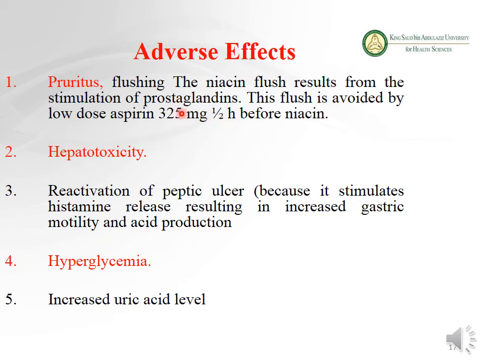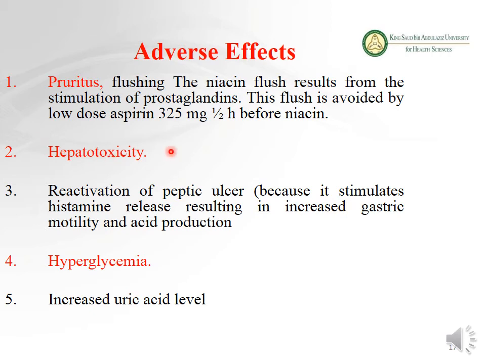This will inhibit the COX-2 enzyme as well, because this is the lower dose used for inhibition of prostaglandin, for the inhibition of cyclooxygenase enzyme. Normally this aspirin is given half an hour before the niacin in order to avoid this flushing or pruritus.